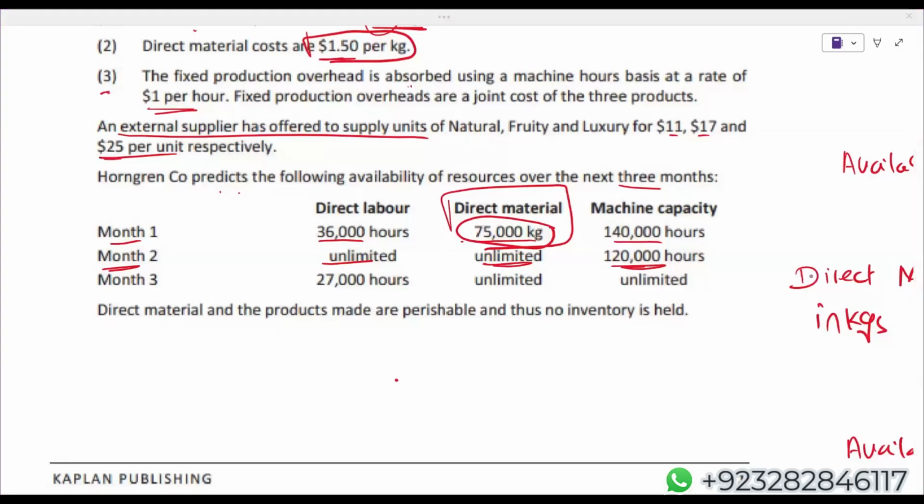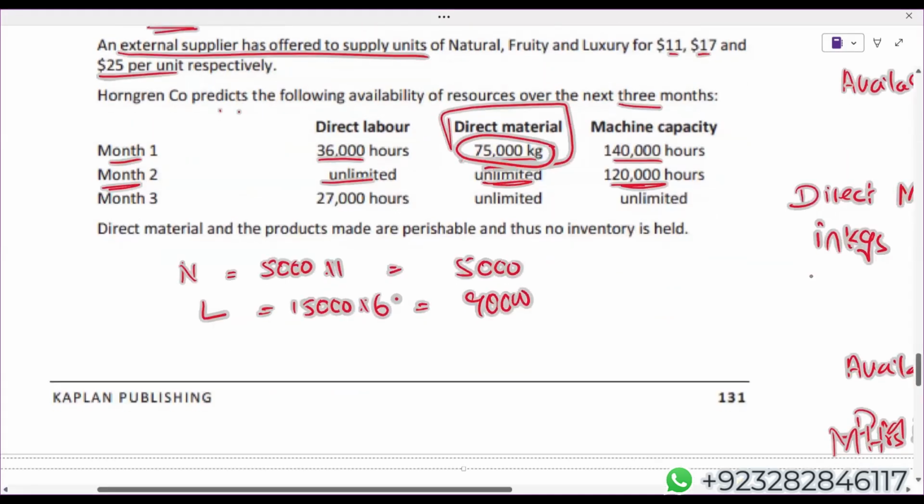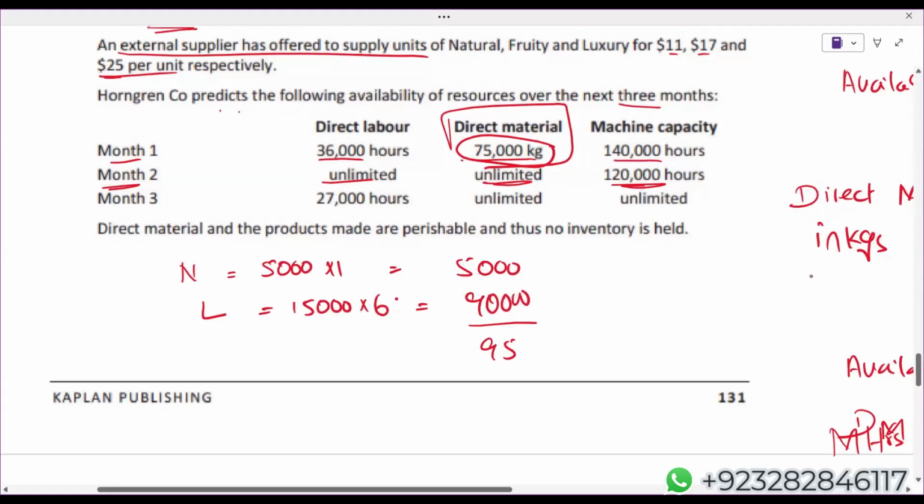Basically, natural will be manufactured 100%. How many hours? 1 unit of natural takes 1 hour. So 5,000 hours. Luxury. The demand is 15,000. 1 unit of luxury takes 6 hours, so 90,000. It means 95,000 out of 120 will be utilized in manufacturing natural and luxury.